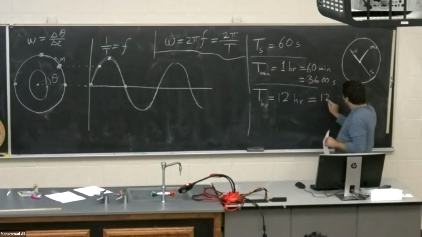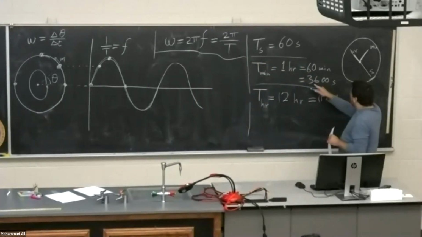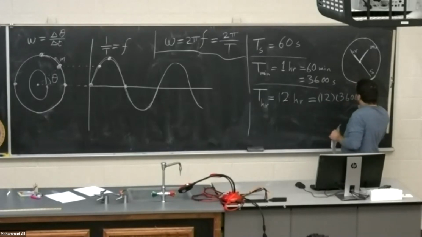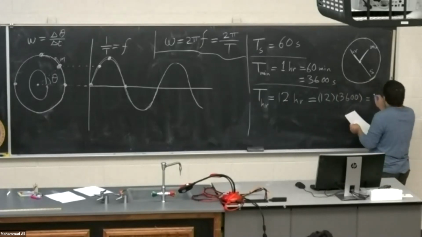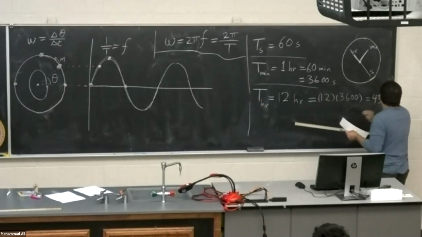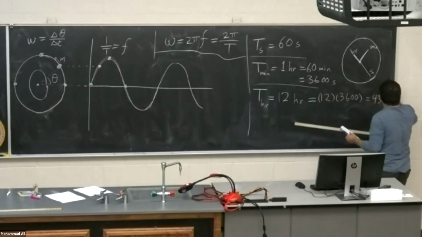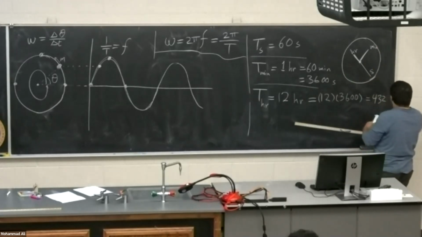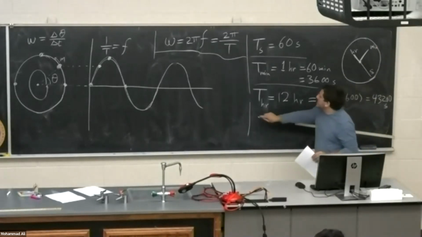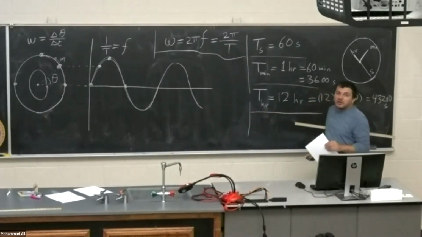So it is 12 multiplied by this, which is equal to 43,200 seconds. This is the time period for the hour hand.